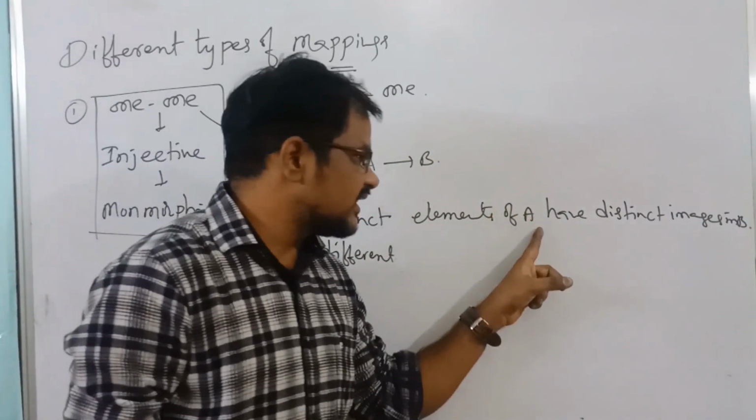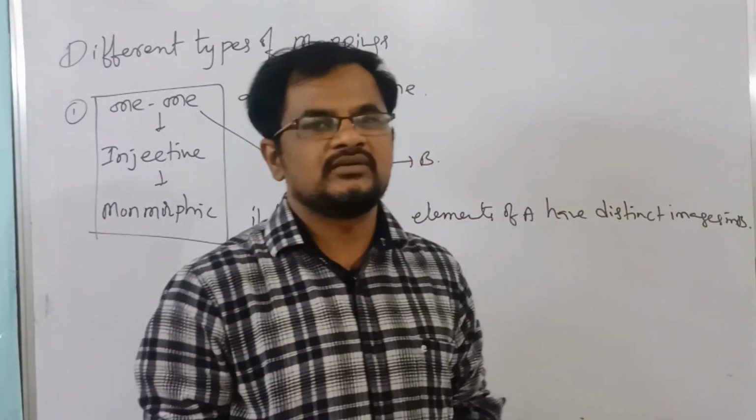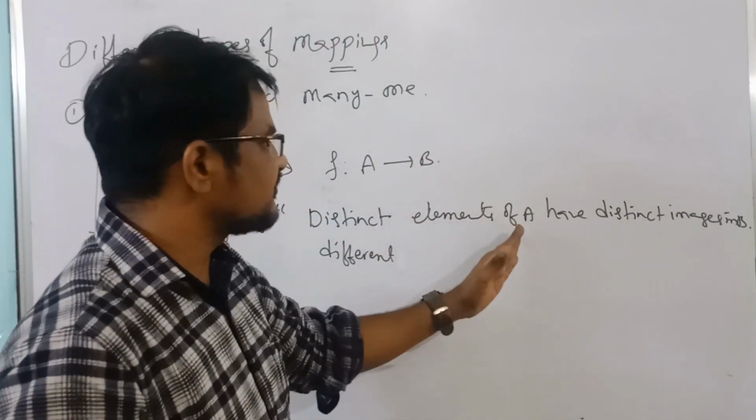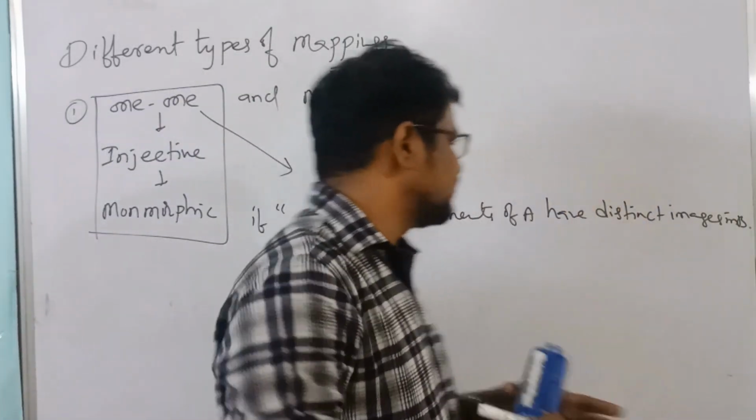Distinct elements of A have distinct images in B, or different elements of A have different images in B.